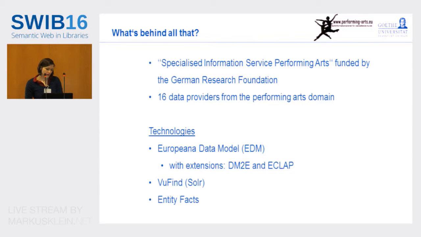And because in theater productions you have to deal with many manuscripts and documents, we used the DM2E namespace, which is Digital Manuscripts to Europeana. We also used the ECLAP ontology, a special ontology for performing arts, coming from an online archive about performing arts called ECLAP.